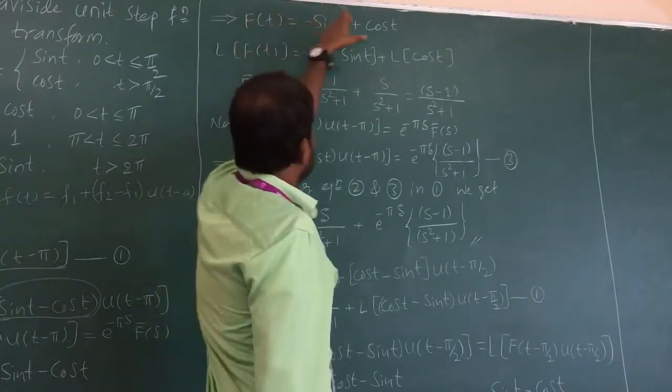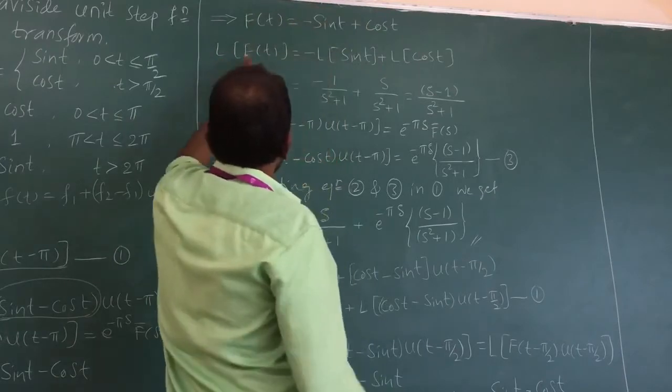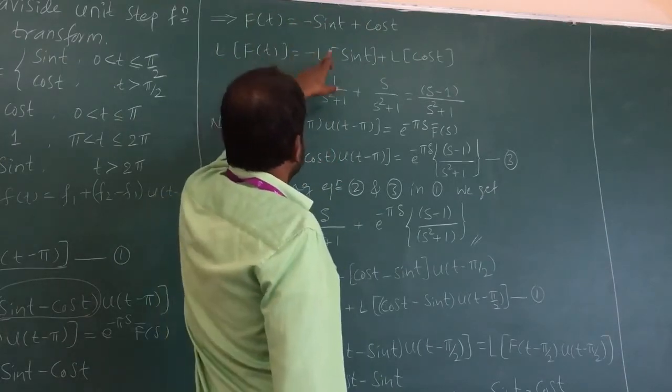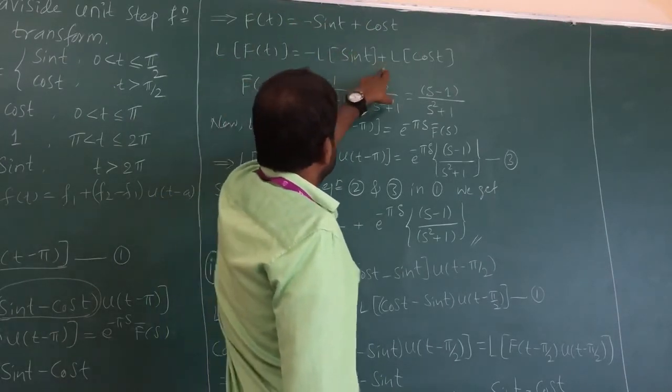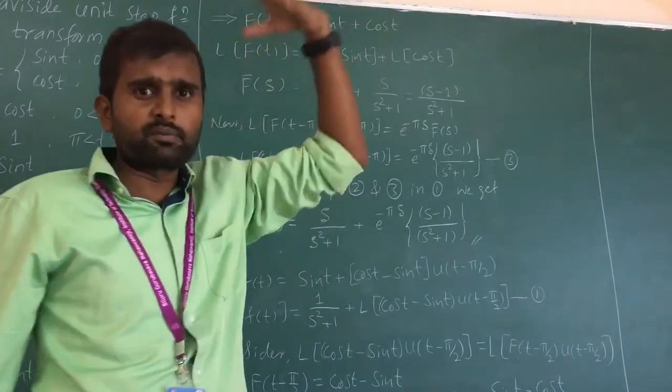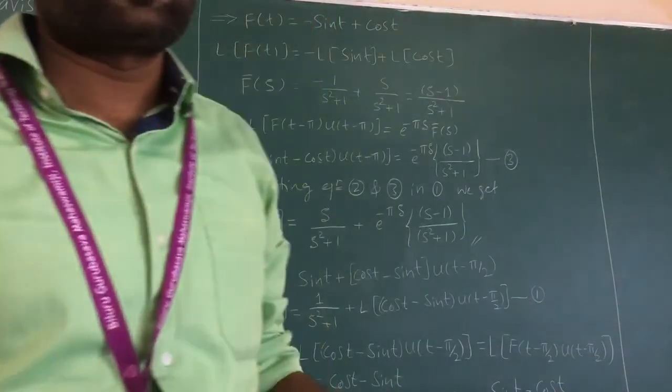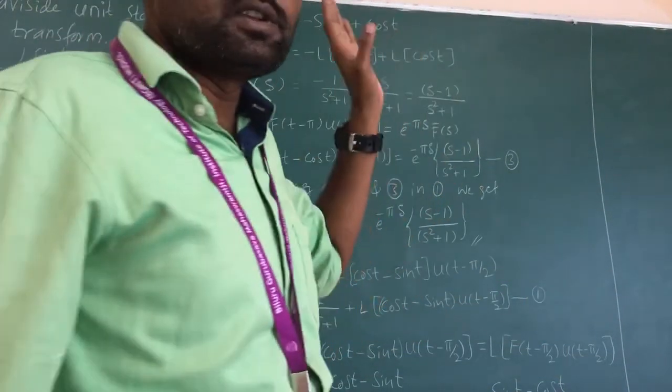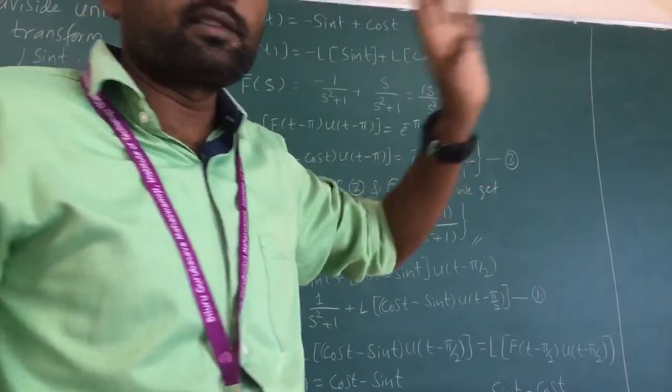Then take the Laplace transform of this. L of f of t equals minus L of sin t plus L of cos t. Again, same as in previous classes, you know the values of L of sin t and L of cos t.